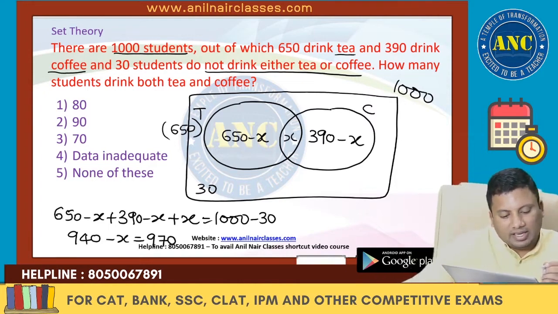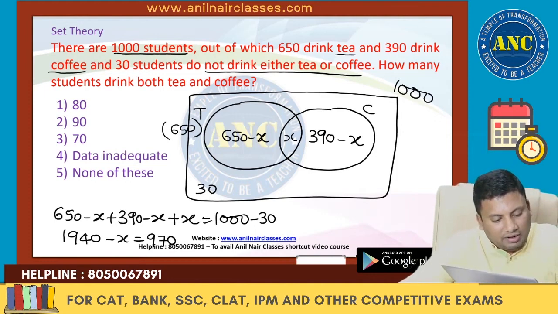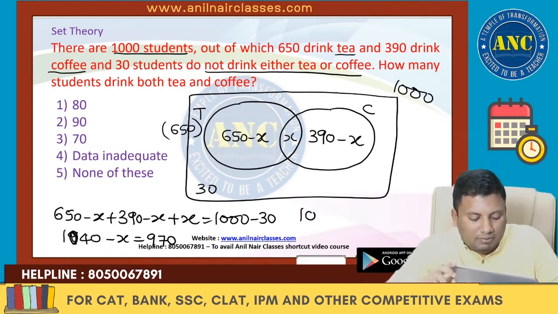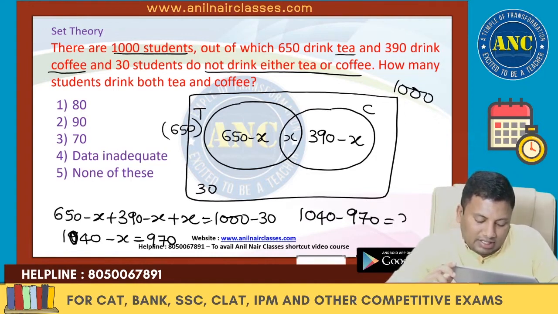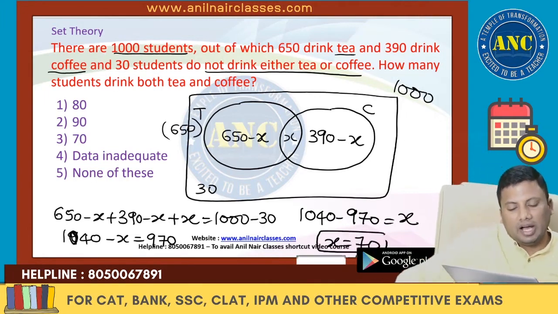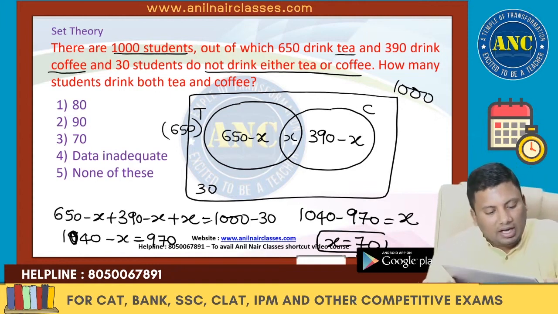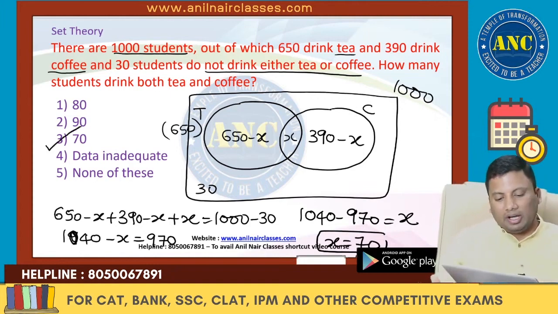So the answer is 1040 minus 970, which is X. X is nothing but 70. I hope the idea is clear. How many drink both tea and coffee? The answer is 70.